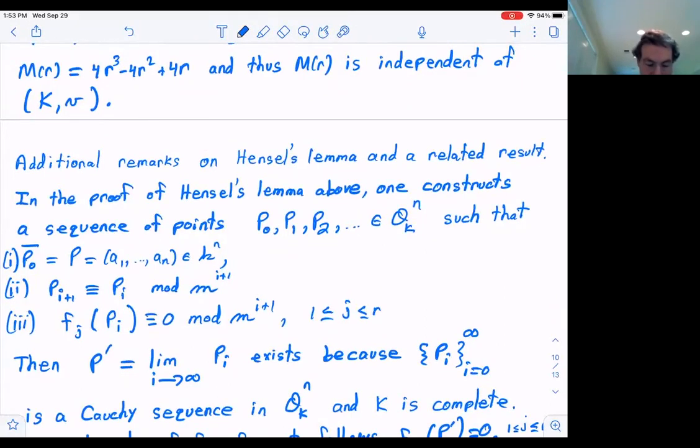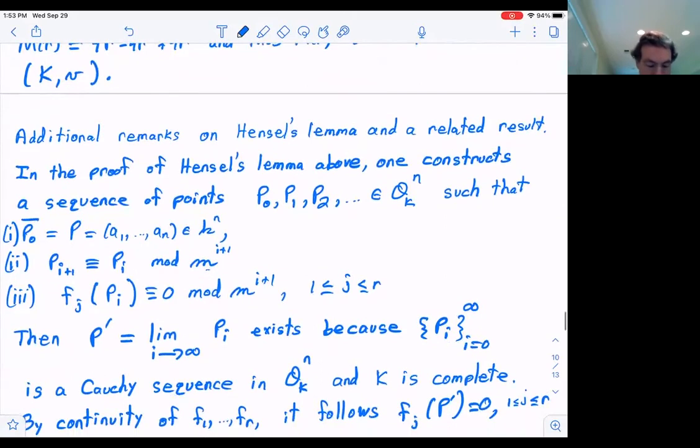The first point, P0 bar, when I look over the residue field, is the original P that I wrote above. P_{i+1} is congruent to P_i mod this power of the maximal ideal. And f_j of P_i is congruent to 0 mod this power of the maximal ideal for every j.